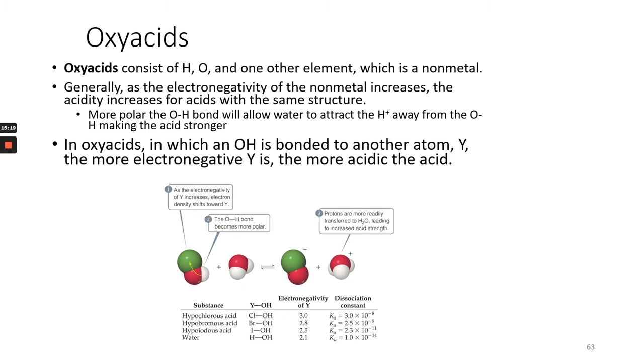We also have another type of acid called oxyacids. They consist of hydrogen and oxygen and one other element, which is a nonmetal. Generally, as the electronegativity of the nonmetal increases, the acidity increases.